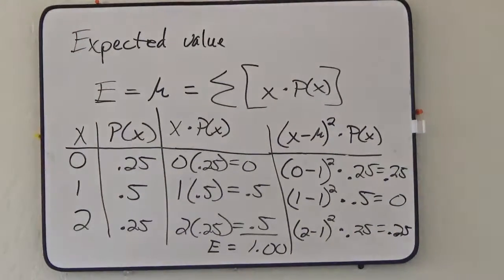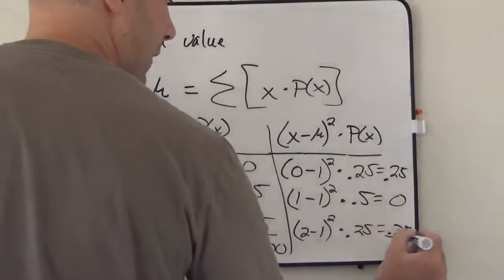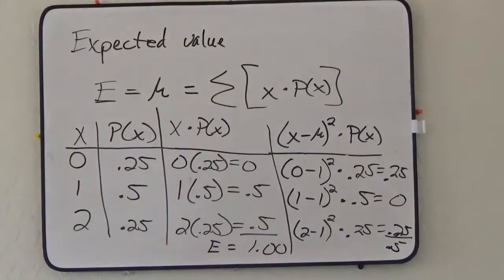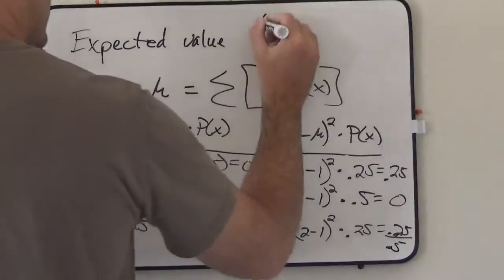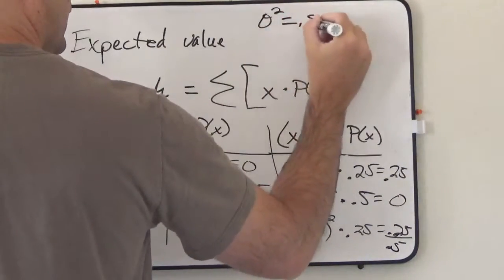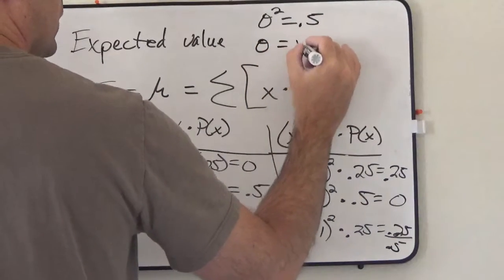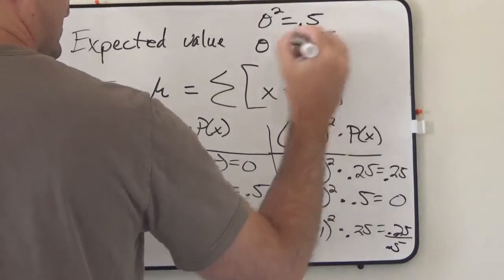Now with that, guys, I want the sum of those answers. So we're going to add 0.25 and 0.25, we get 0.5. Okay, so that takes care of the variance. The variance is 0.5. I'll just write that up here. That symbol squared is 0.5. Now to find the standard deviation, all we're going to do is the square root of that answer.